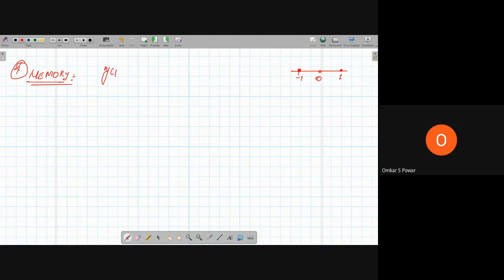Our question is y of t is equal to x of t into cos omega naught of t. Let me give t is equal to minus 1.